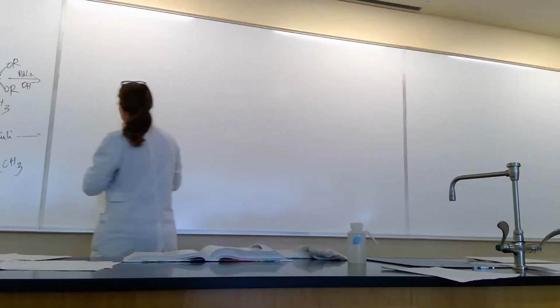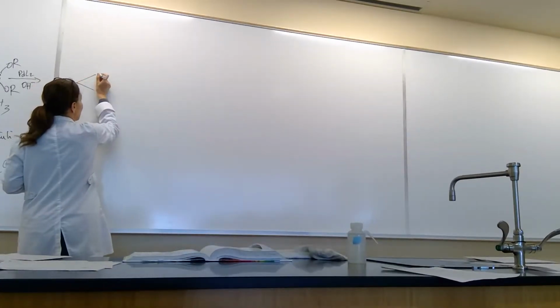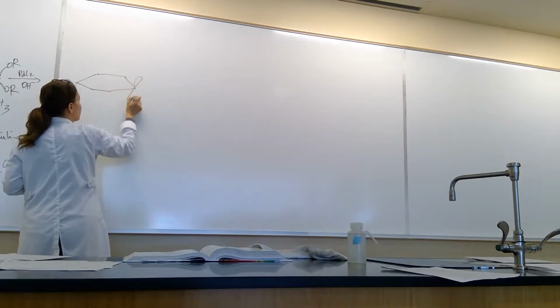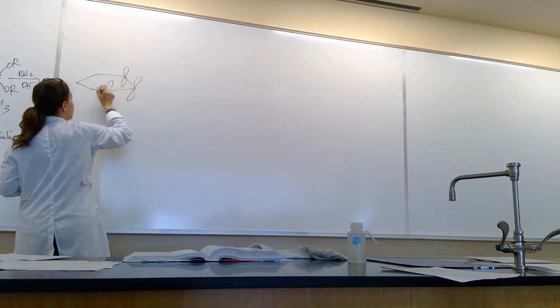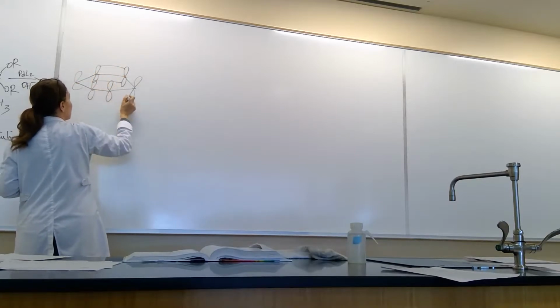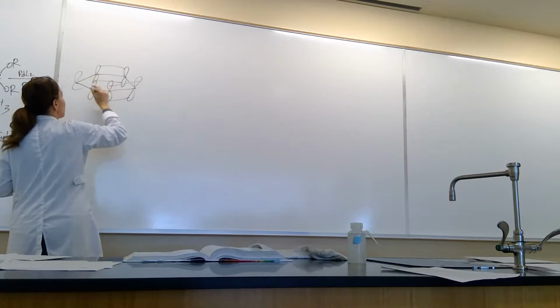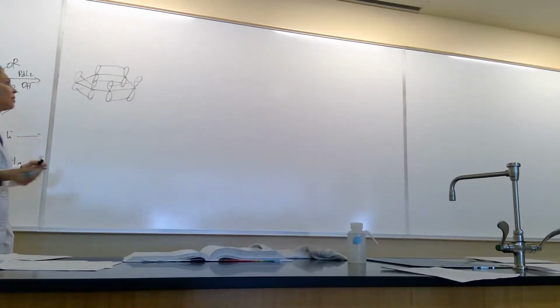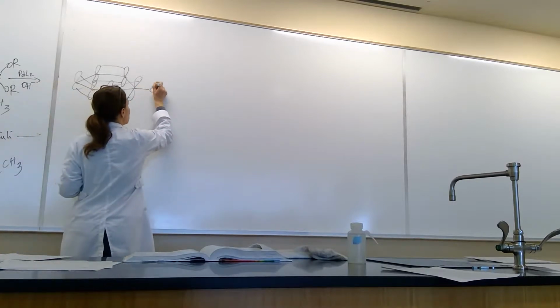So if I have a benzene ring, I'm going to represent it like this, draw it like this. So these are the pi bonds. So you see what I'm trying to achieve here, that it's perpendicular. And what if I put a CH2?